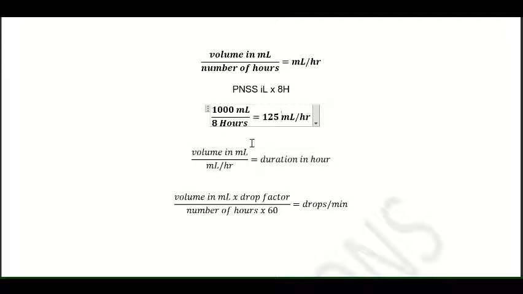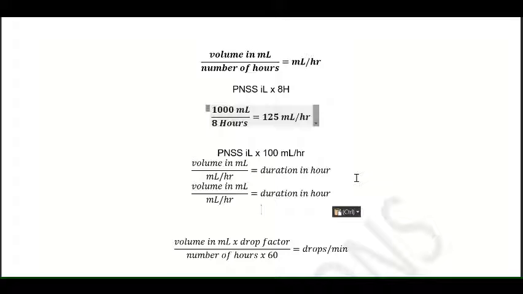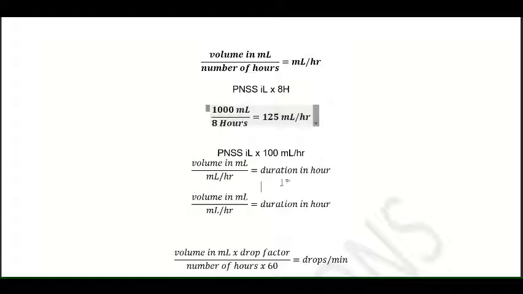Duration in hours. For example, if the doctor would order plain NSS 1 liter times 100 ml per hour, the duration in hours will be equal to volume in ml divided by ml per hour. So the volume in ml will be 1,000. That's the total volume of your IV fluid.